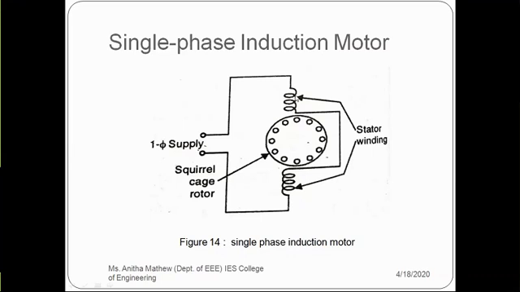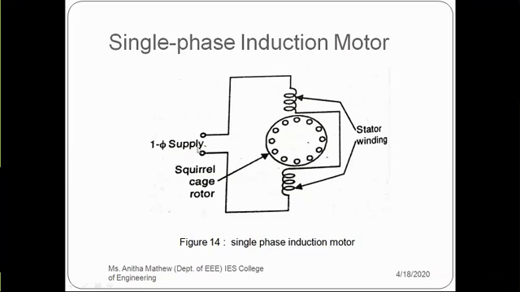Here we are using single-phase winding, and here you can see squirrel cage rotor is same as that of three-phase induction motor. We are giving single-phase supply to the machine, which is different from the three-phase induction motor. In three-phase induction motor, we are giving three-phase.